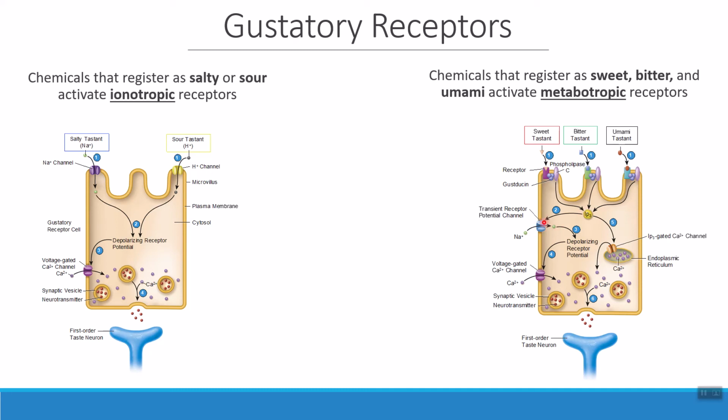Eventually, we're going to open up an ion channel to help us detect things, but it's going to take a little bit longer and it's going to be more indirect. So, 3 of my tastants kind of indirectly activate my gustatory cells, sweet, bitter, and umami. 2 of them directly activate the cells, salty and sour.